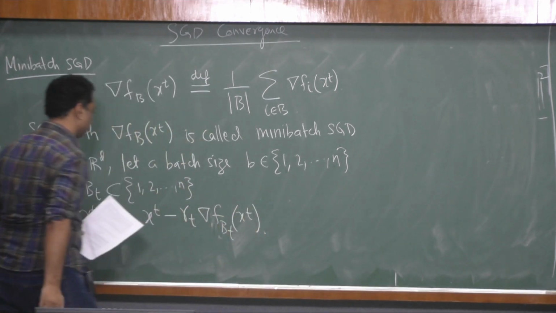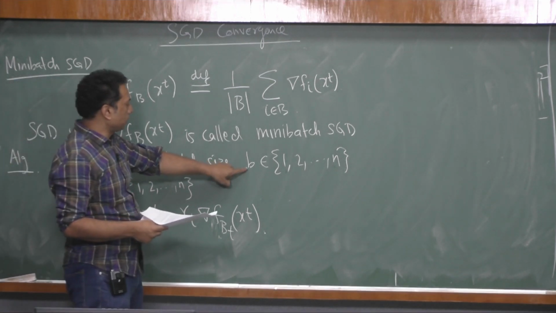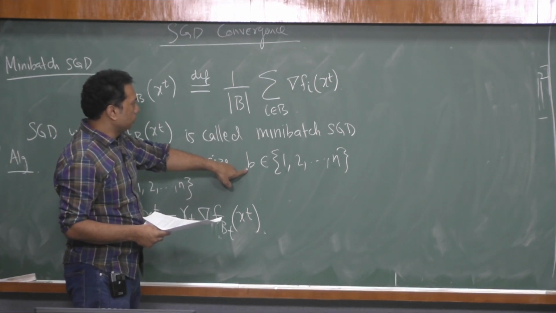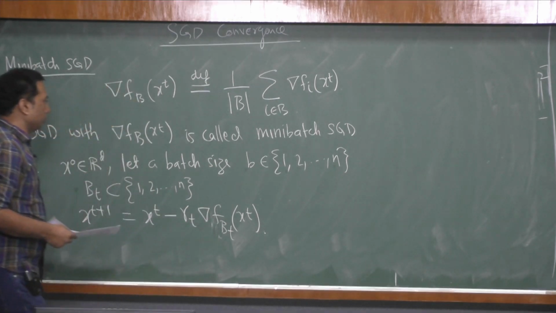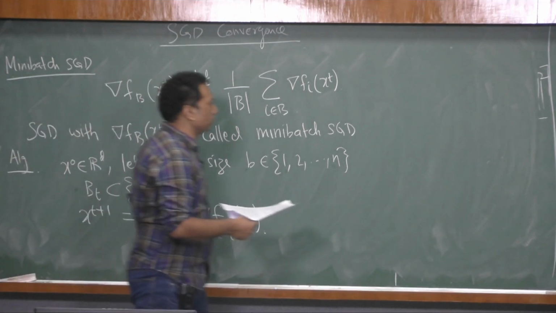So we will assume that these batches are sampled uniformly. Meaning that the probability of picking a batch will be 1 divided by the number of ways I choose the batch, so n choose b, where small b is the batch size. So the probability of picking a batch of size b will be 1 divided by n choose b.